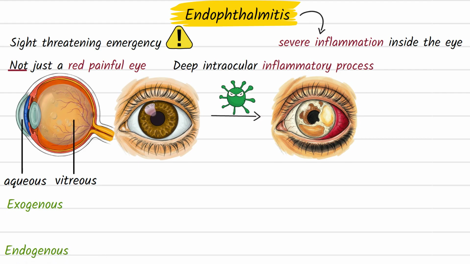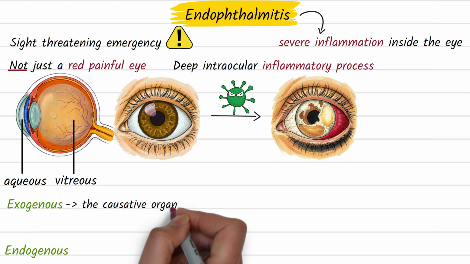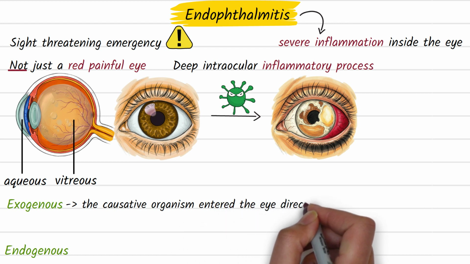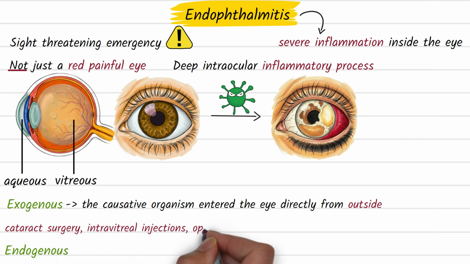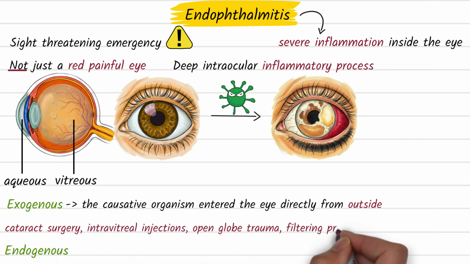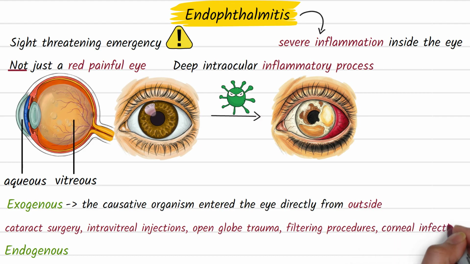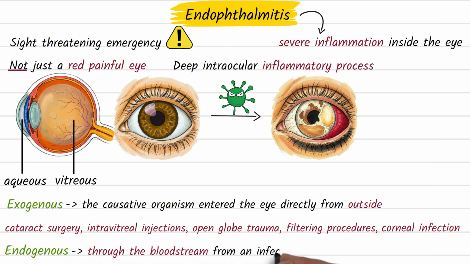Exogenous endophthalmitis means the causative organism entered the eye directly from outside, which is why it is classically associated with cataract surgery, intravitreal injections, open globe trauma, filtering procedures, or extension from a severe corneal infection. Endogenous endophthalmitis is different because the organism reaches the eye through the bloodstream from an infection somewhere else in the body.